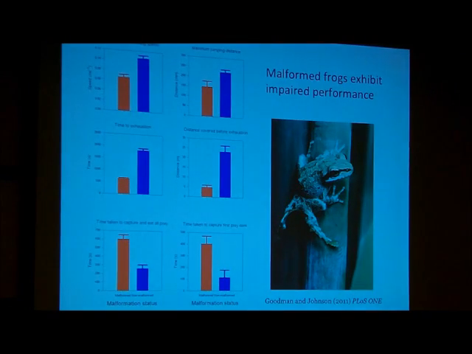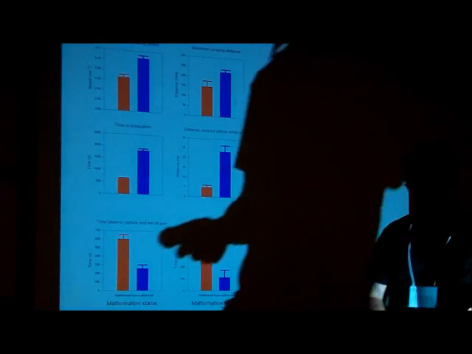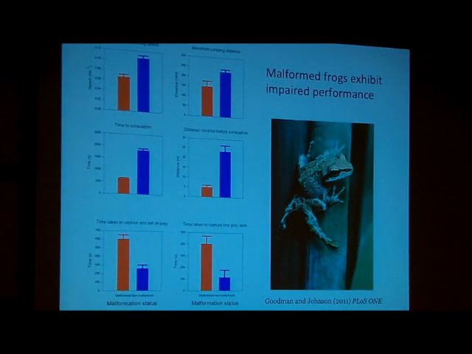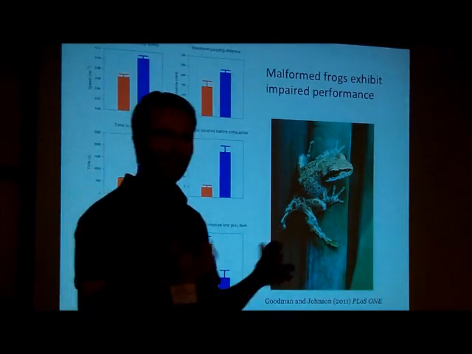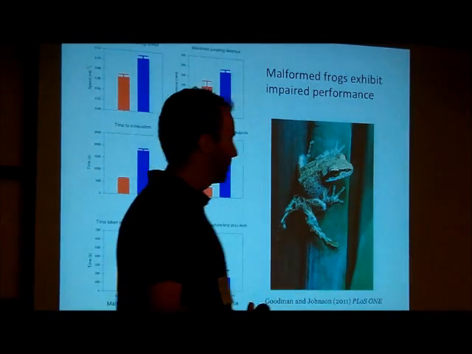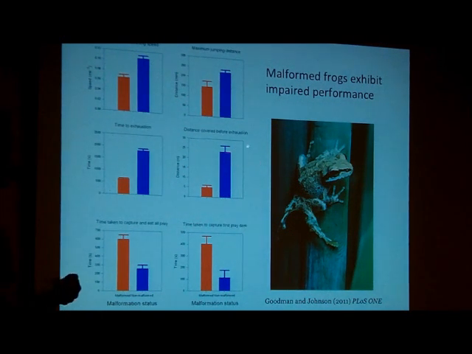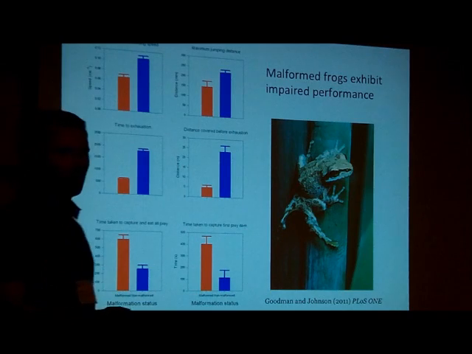And every year or so, people will ask me if a frog with an extra leg is better at jumping. And if I have the data, the answer is no, they are not. In fact, they swim slow, they don't jump very far, they get exhausted, their ability to capture prey is poor.